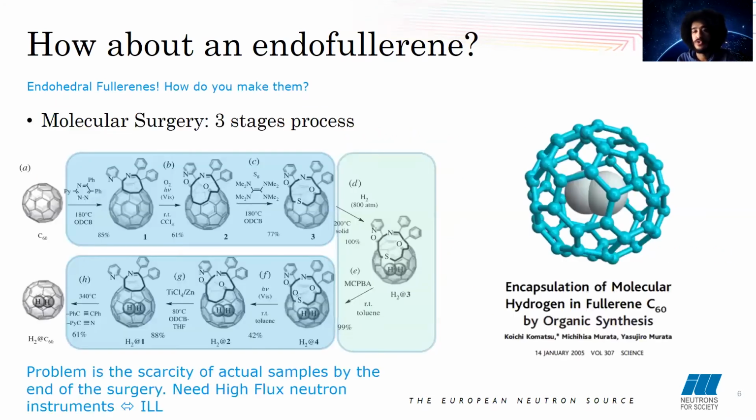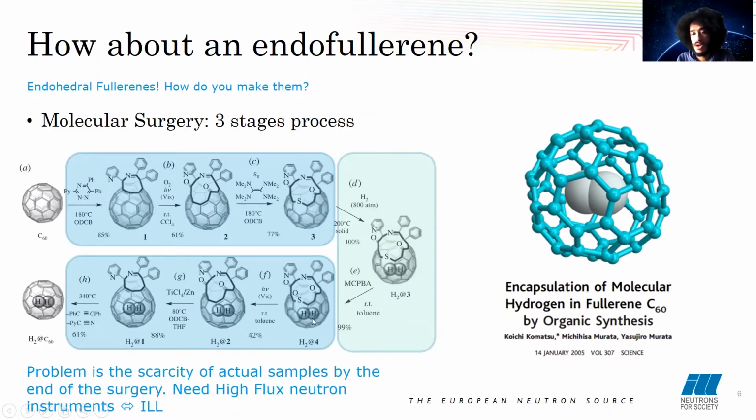So in order to study these endofullerenes, you have to synthesize them. And to synthesize them, chemists use a technique referred to as molecular surgery, which happens to be a 3-stage process, where first you open the fullerene cage by saturating the double carbon bonds, and then put it under an atmosphere of the atom that you wish to trap inside the C60.